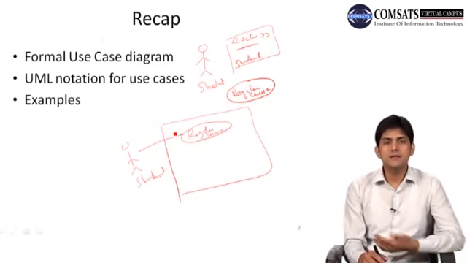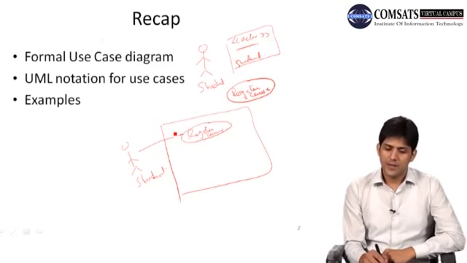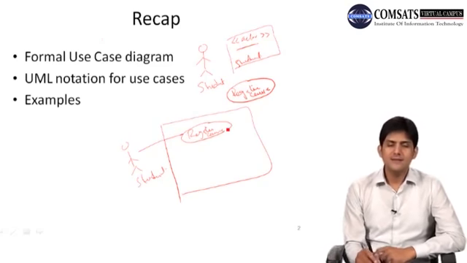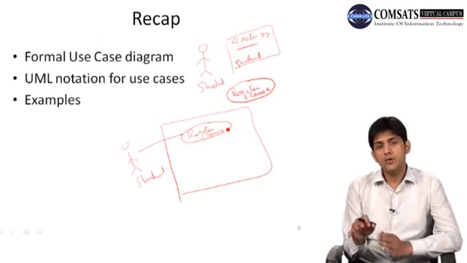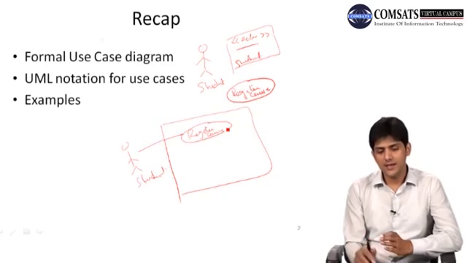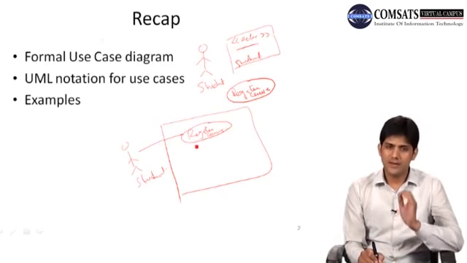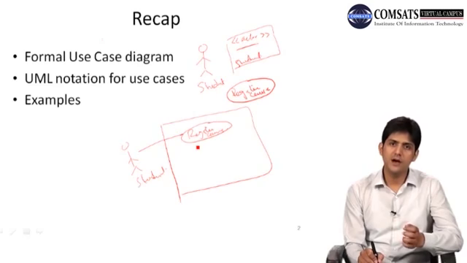Then we saw that a use case can be extended. By extension we mean that there exists another use case, and then we call that use case the extending use case. And if we want to extend this register use case, then after the extension this will be called the extended use case.